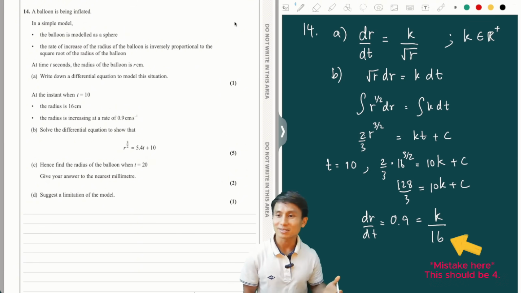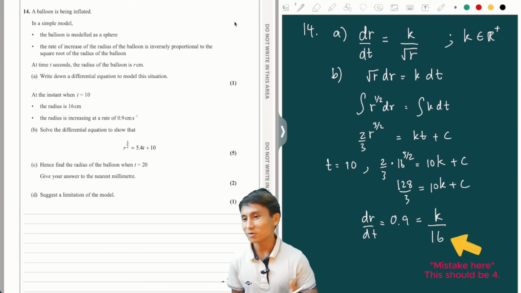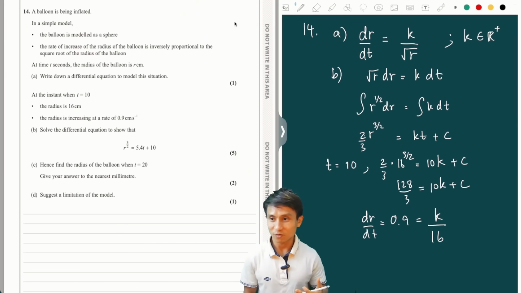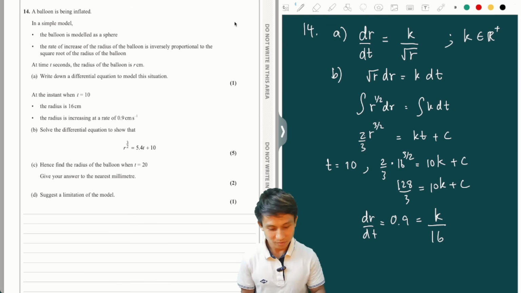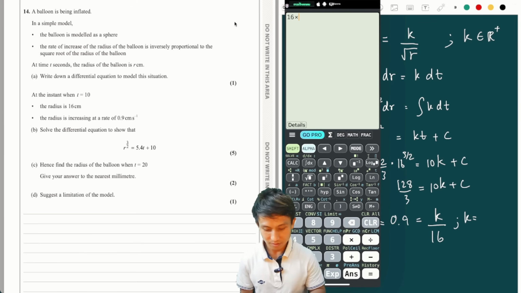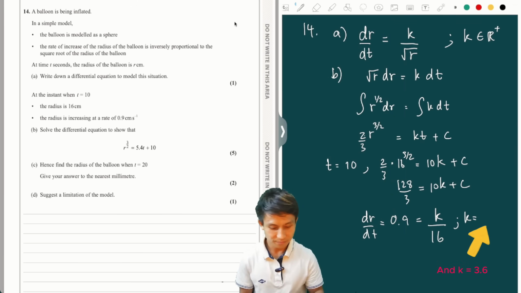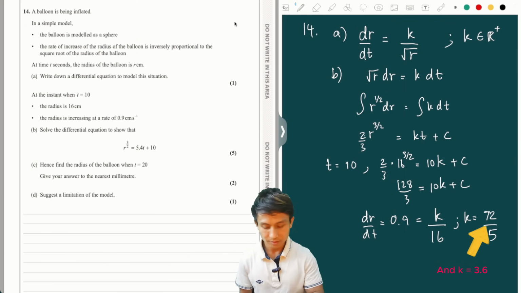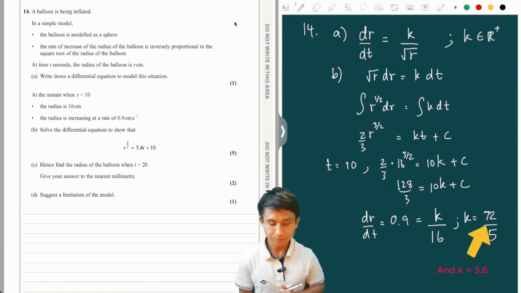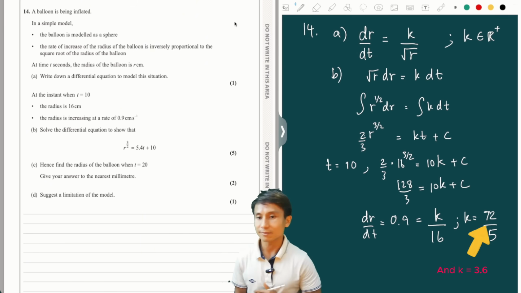That makes us able to find the k value straightforwardly. So k is just 16 times 0.9, 72 over 5. Is it? Yeah. That's the value of k.